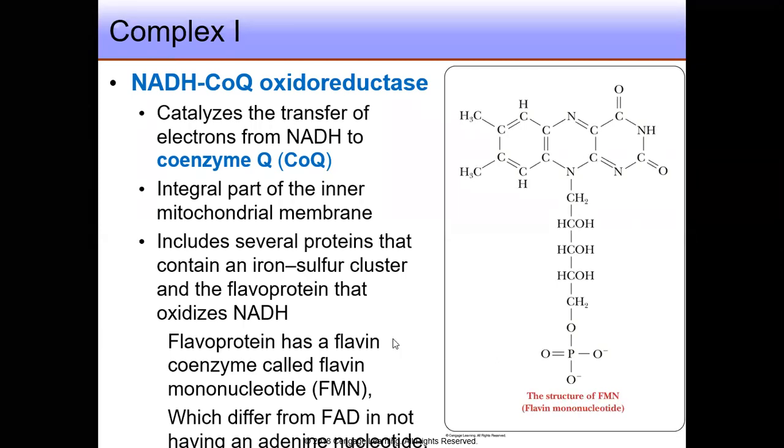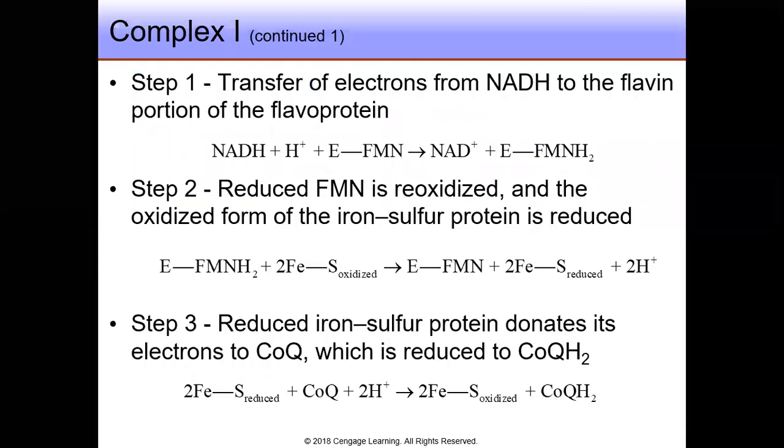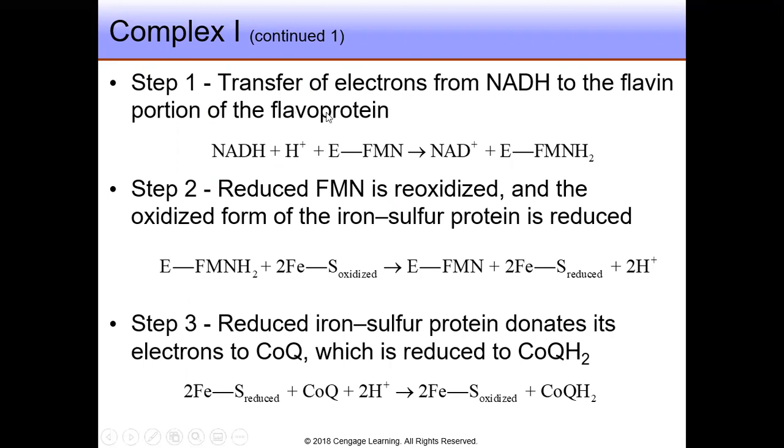Now, the reaction of this complex occurs in several steps with successive oxidation and reduction of the flavoprotein and the iron-sulfur cluster. Step 1, transfer of electrons from NADH to the flavin portion of the flavoprotein. NADH plus H plus E-FMN produces NAD plus E attached to FMNH2.